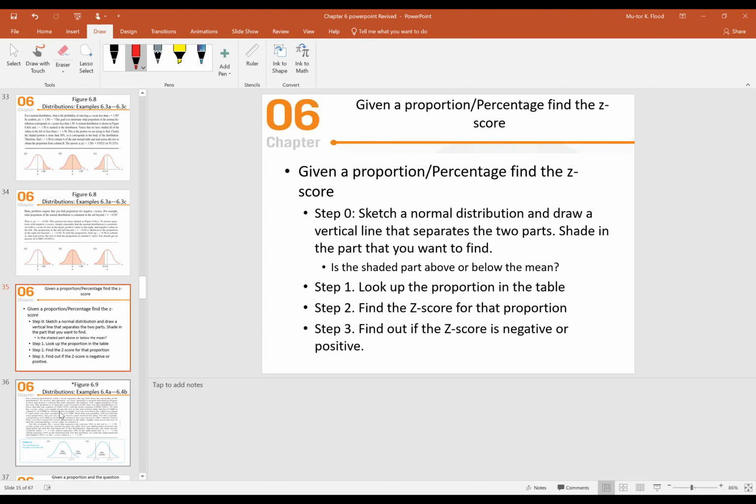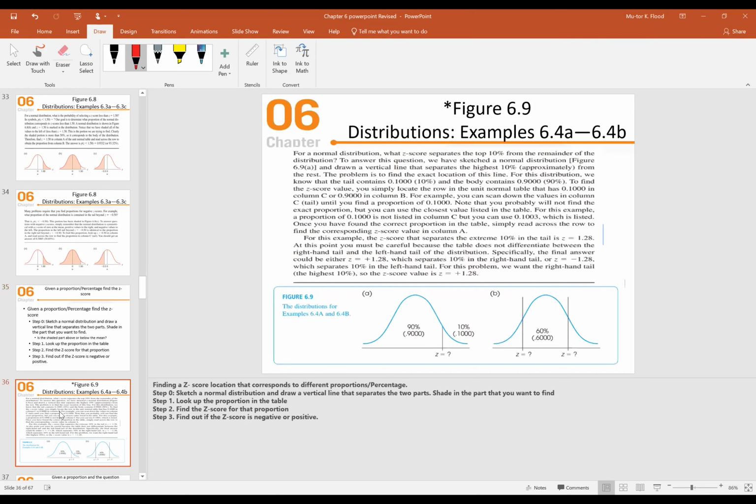We also look up that proportion in the table and find the z-score for it, and lastly determine if the z-score is negative or positive, because our unit normal table doesn't give us that. So let's look at some examples of this.